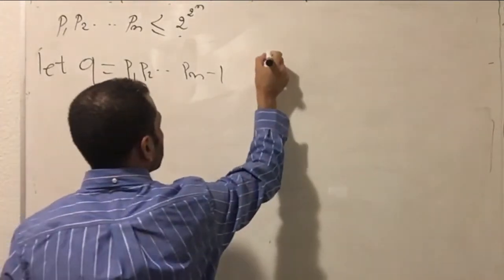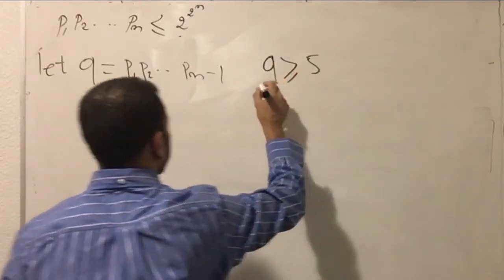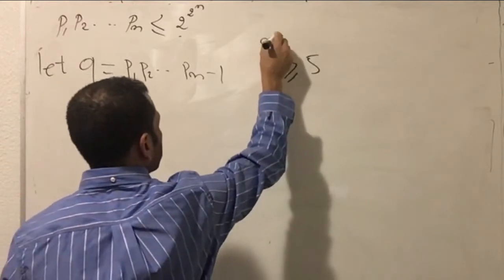So as you know here, Q is superior or equal to 5 for all n.